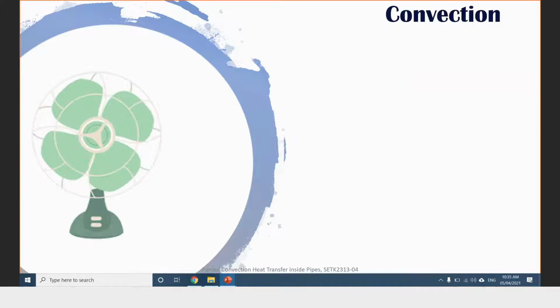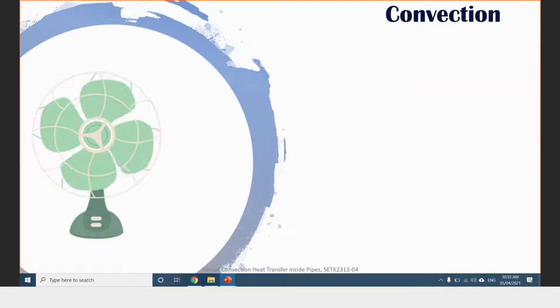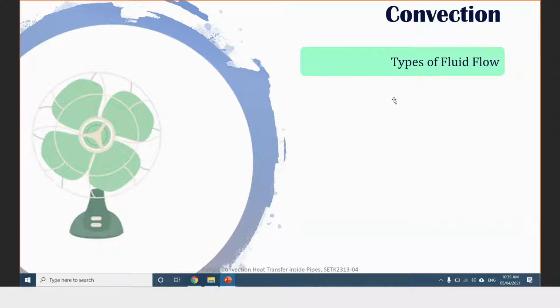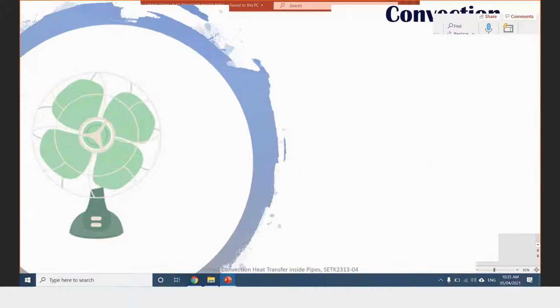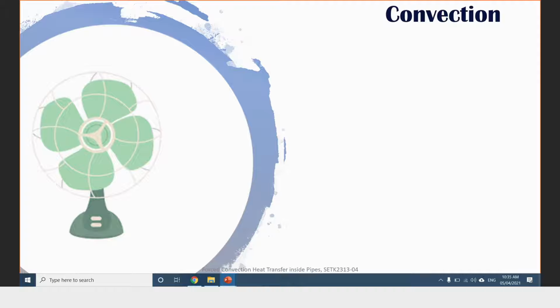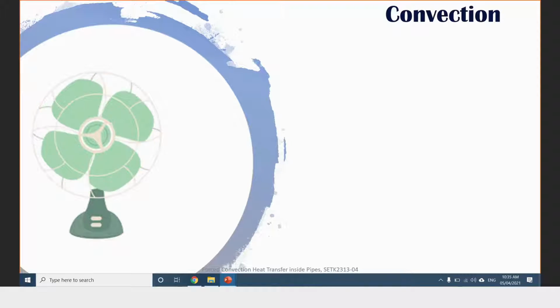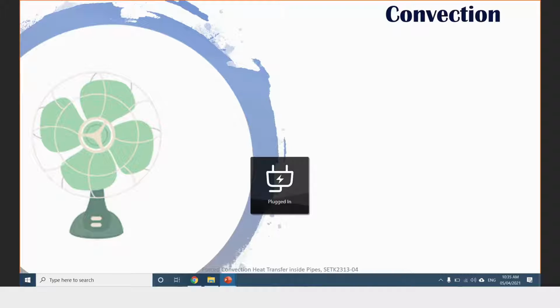Usually for natural convection, the temperature difference will cause a difference in buoyancy.